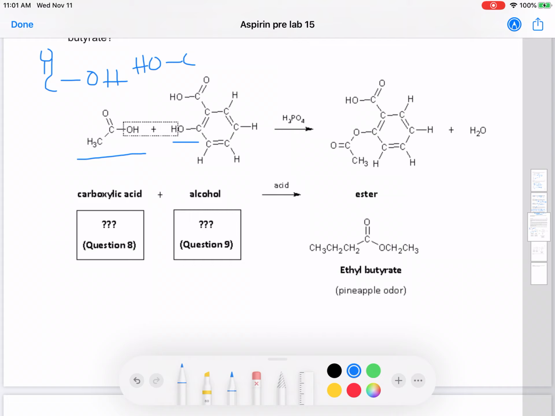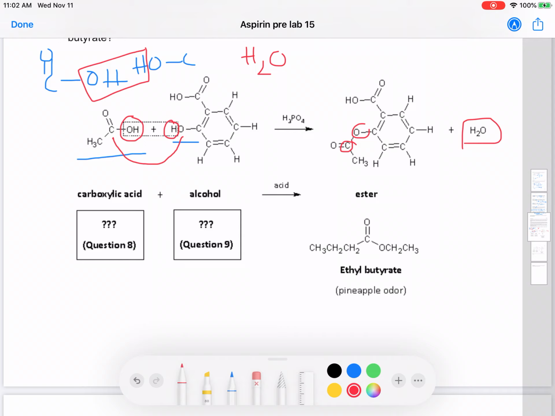Now, during this process, a water molecule is going to be lost. So the OH from the carboxylic acid and hydrogen from the alcohol, this group removes a water molecule. You see here, and then this carbon and this oxygen connect to give you the ester.